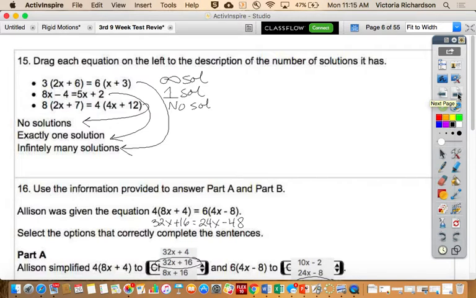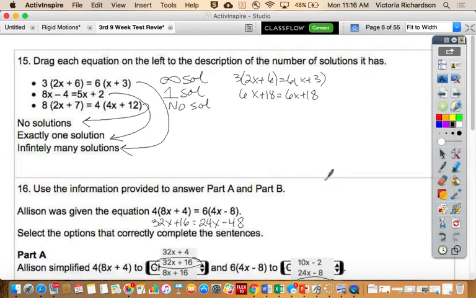All right, 15. So 15 is a drag and drop question. It says drag each equation on the left to the description of the number of solutions it has. When you work out number 1, you get infinitely many solutions because both sides are going to equal each other. So if you do 3 times 2x plus 6 equals 6 times x plus 3, and you work that out, you get 6x plus 18 equals 6x plus 18.